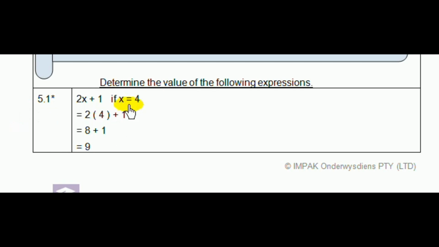Now this one is easy because it's plus 4, but say for instance that was minus 4, then you are going to make some sign errors if you don't put that in a bracket. So write down your question so that you can see what you changed. So the 2x plus 1, if x is 4, equals 2 times the x, and in x's place you put down the 4, and then you simplify it to your answer.